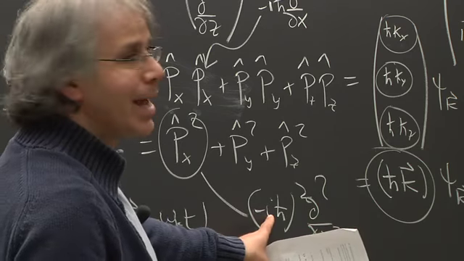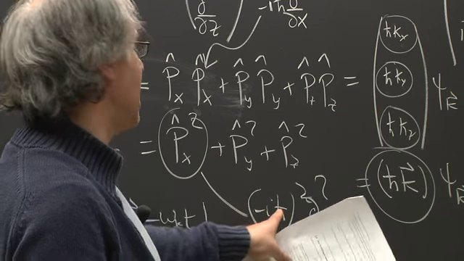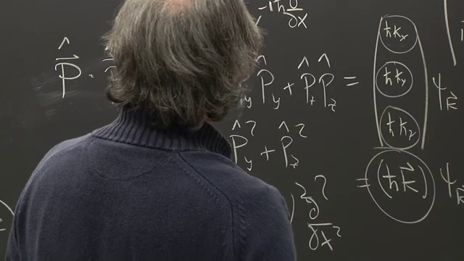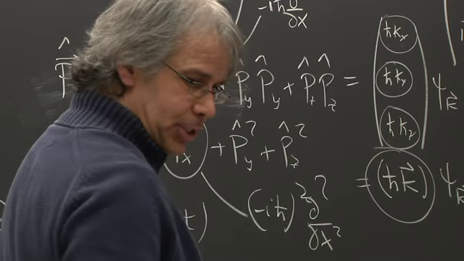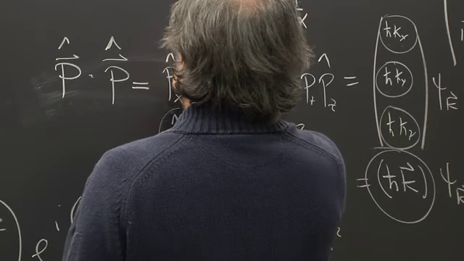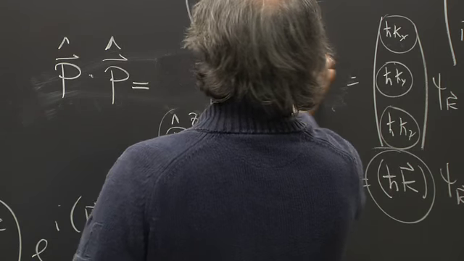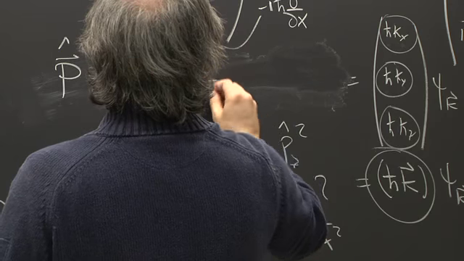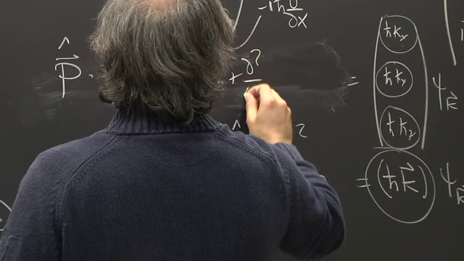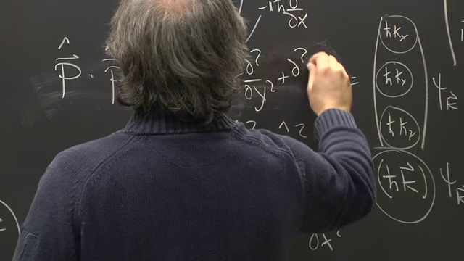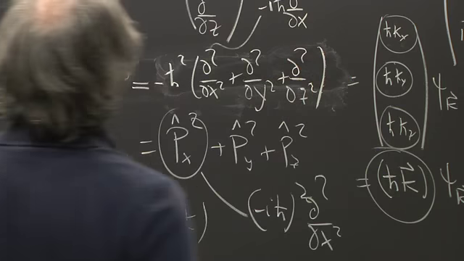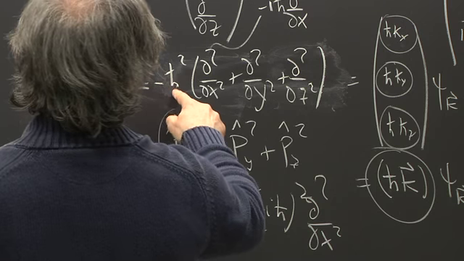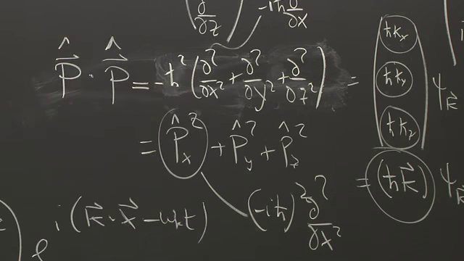And minus i squared is simply minus h bar squared. Therefore, all in all, you can rewrite this as minus h bar squared, second derivative with respect to x, plus second derivative with respect to y, plus second derivative with respect to z. So you see, it's just the Laplacian, apart from the coefficient, minus h bar squared.